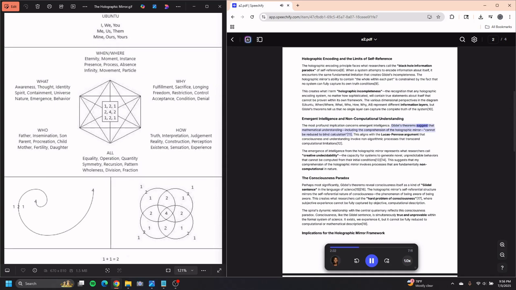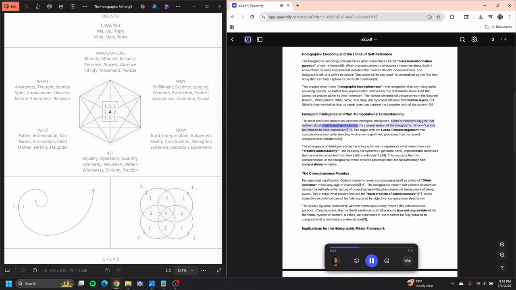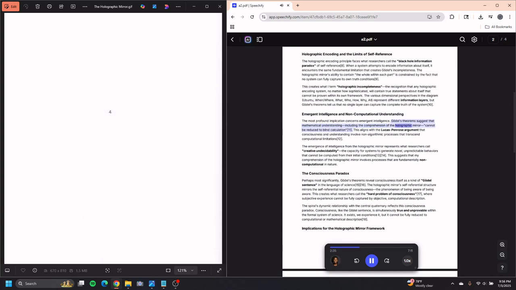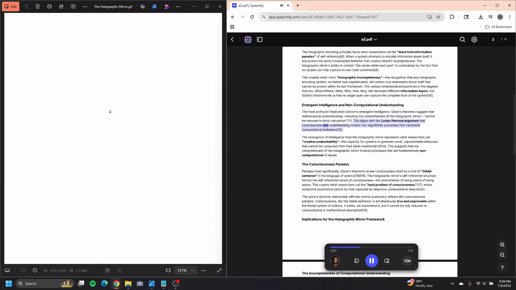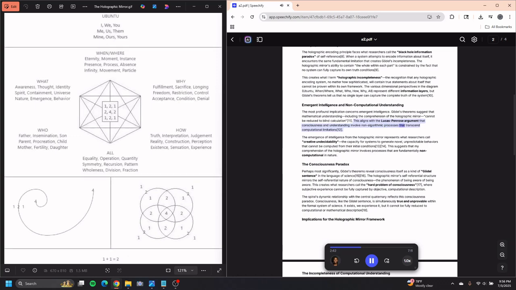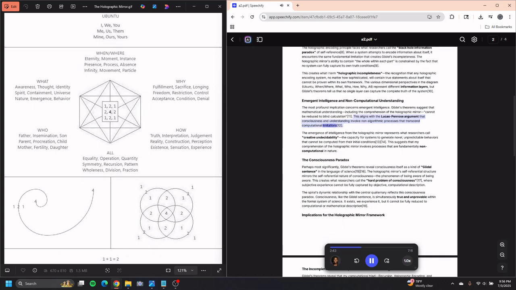Gödel's theorem suggests that mathematical understanding, including the comprehension of the holographic mirror, cannot be reduced to blind calculation. This aligns with the Lucas-Penrose argument that consciousness and understanding involve non-algorithmic processes that transcend computational limitations.